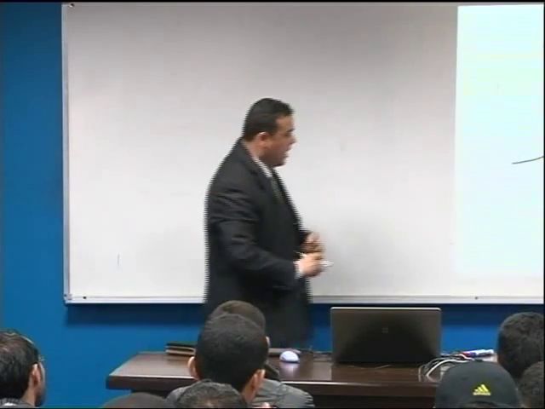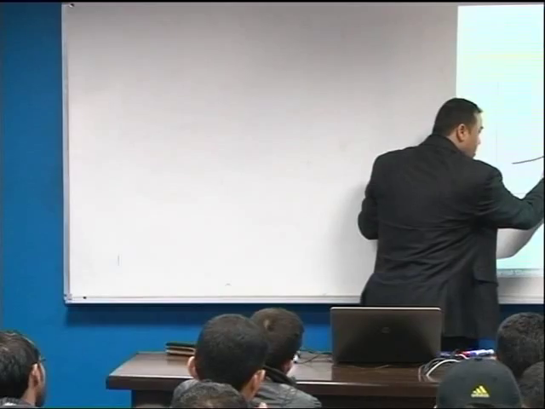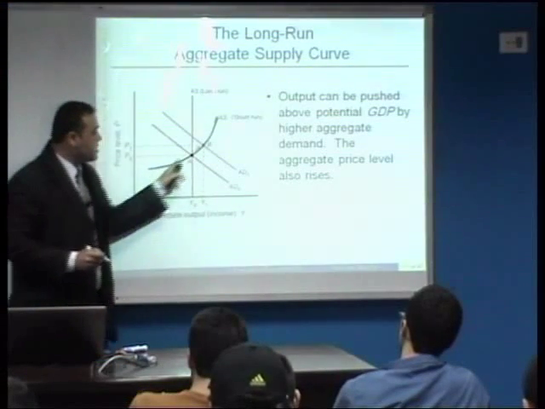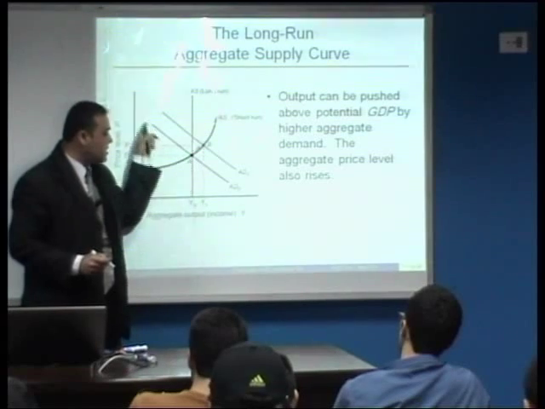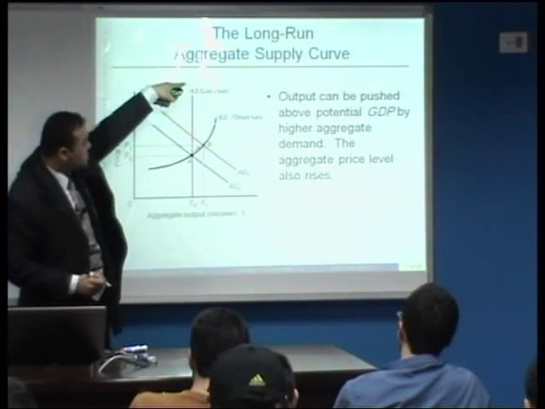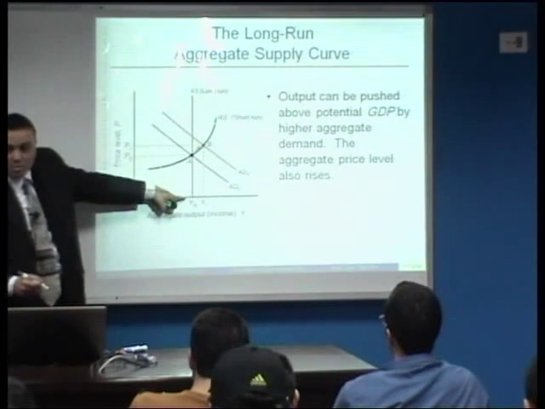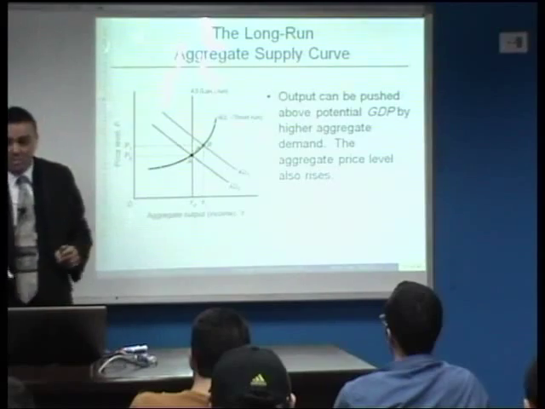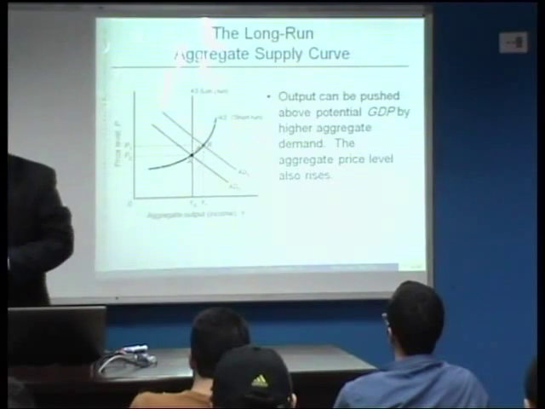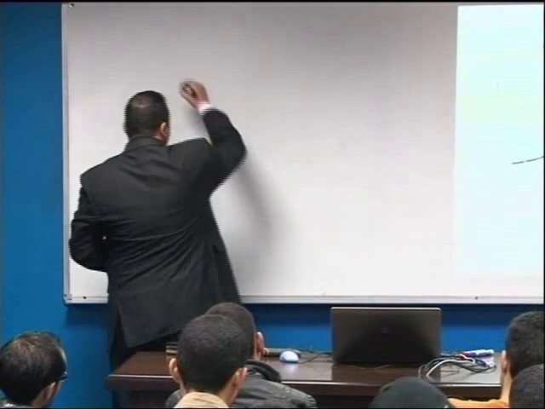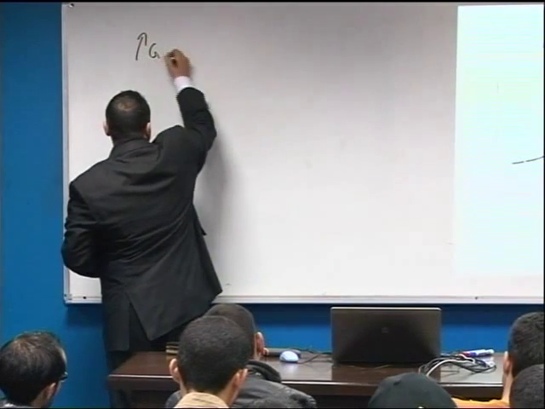Here, point A is the original equilibrium point where the short-run aggregate supply intersects the aggregate demand, and at the same time the long-run aggregate supply curve intersects with the aggregate demand too.